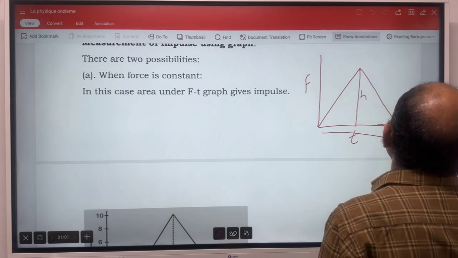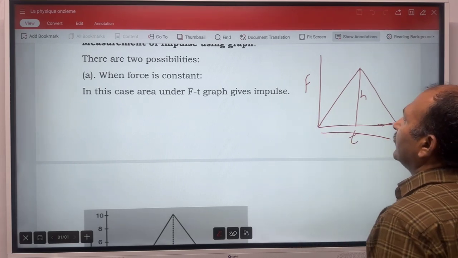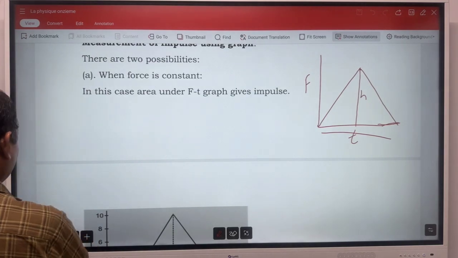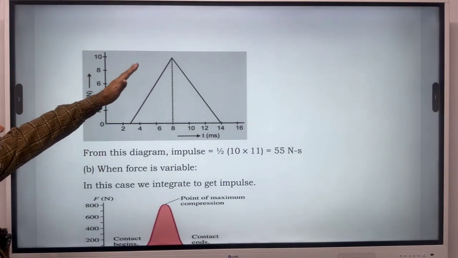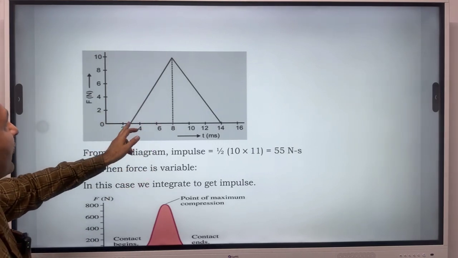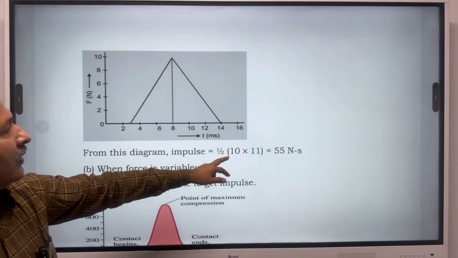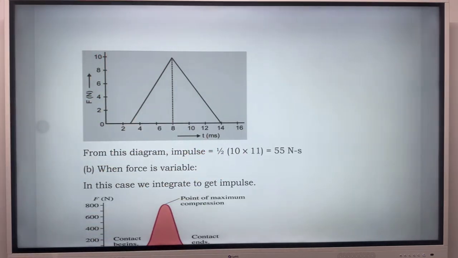This is height, this is base, so this is a triangle, and the area of the triangle will be the measure of impulse. Here a graph is given whereby you can calculate the impulse. Clearly from here to here the total separation is 14 minus 3, so 11, and the height is given as 10, so the answer will be 55 Newton second.